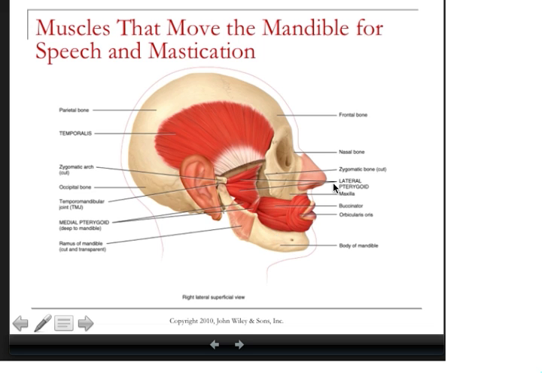The lateral pterygoids are these guys back here. You can see them towards the back. And you can see here the zygomatic arch and the zygomatic bone, which is cut away so that we can see some of these deeper muscles. This is the ramus of the mandible, and this is the masseter right here. The medial pterygoids are underneath the masseter, so these are deep muscles.